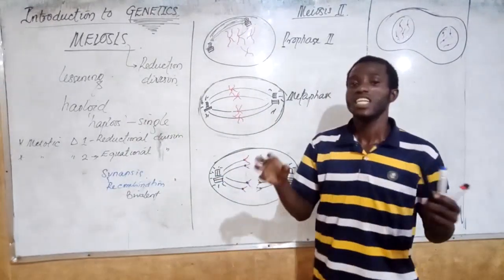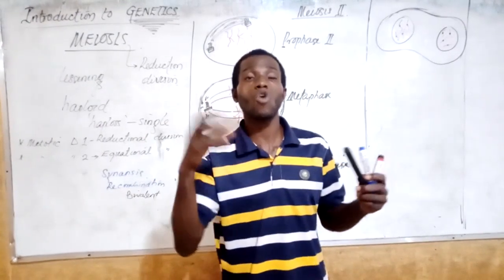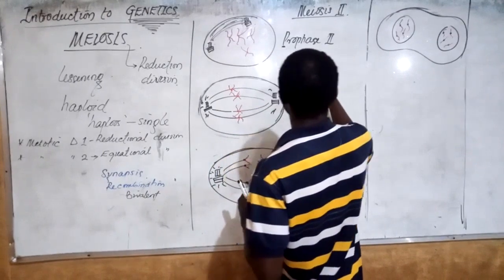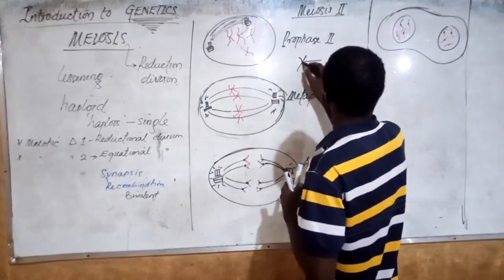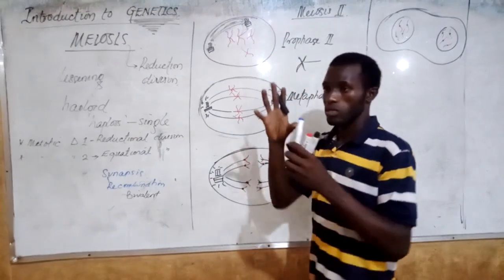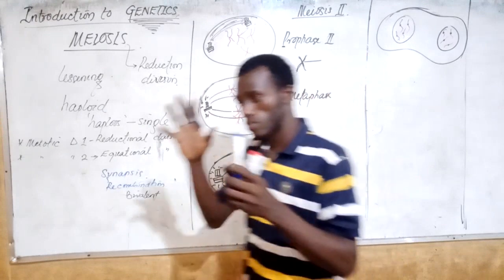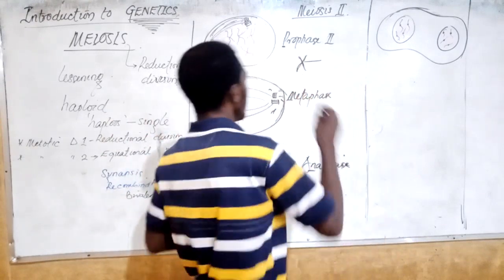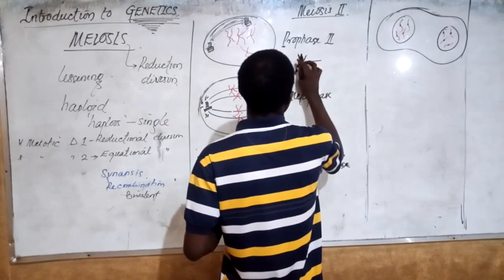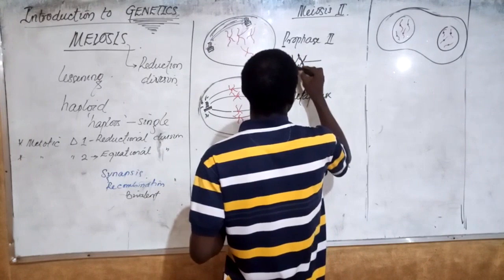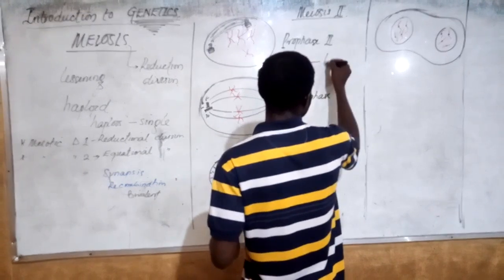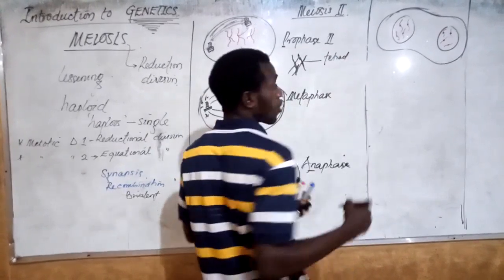And so notice, in the first phase, non-sister chromosomes moved apart. But here, sister chromatids now move apart. So here, I did tell you in the first video that when they form a bivalent, each arm is called a tetrad, because the four arms are called tetrads.